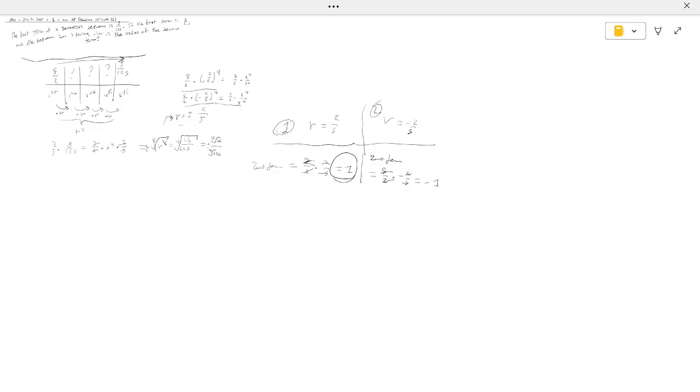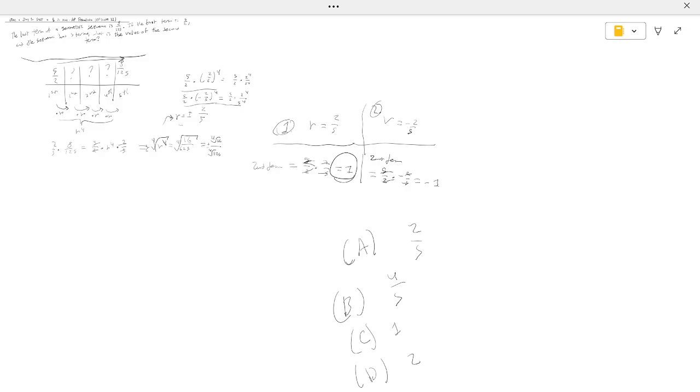Actually, one second. I believe that problem was multiple choice. The answer choices for this problem were A, 2/5, B, 4/5, C, 1, or D, 2.